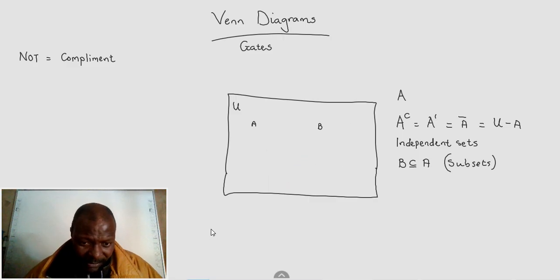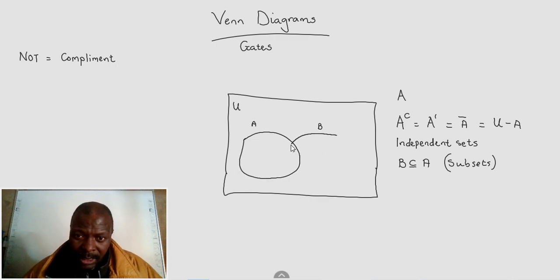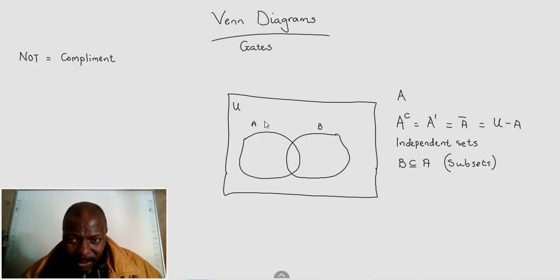Where we have a set and another set. Let's think of numbers. Let's say B is a set of even numbers. Let's say the universal set is numbers from 1 to 50.